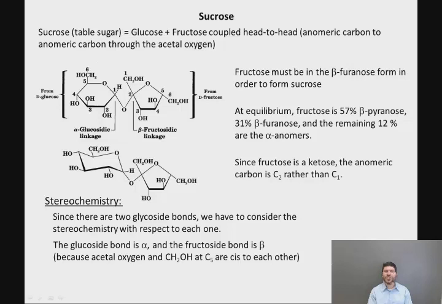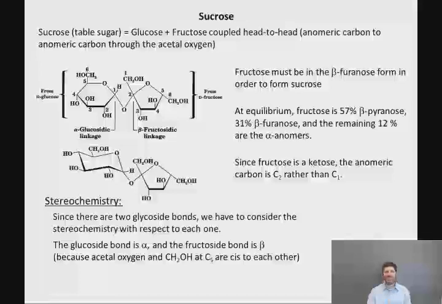So the terms we use for these are the glucoside bond, meaning the one to the glucose anomeric carbon, and the fructoside bond, meaning the one to the fructose anomeric carbon. As you can see from the structure, the glucoside bond is alpha, and the fructoside bond is beta.